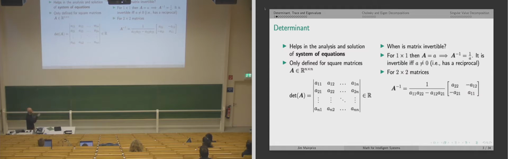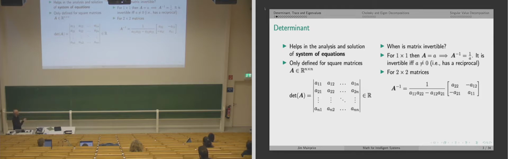So what happens in inverting 2D matrices is that we swap the elements of the first diagonal, and then we invert the sign of the second diagonal. And then we scale by this crazy stuff here. So that's the determinant in 2D.